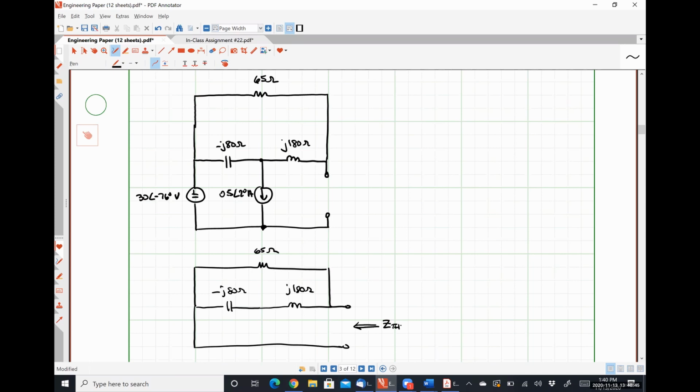All right, so I would argue that it's just 65 in parallel with J100. Anybody got any problem with that assessment?